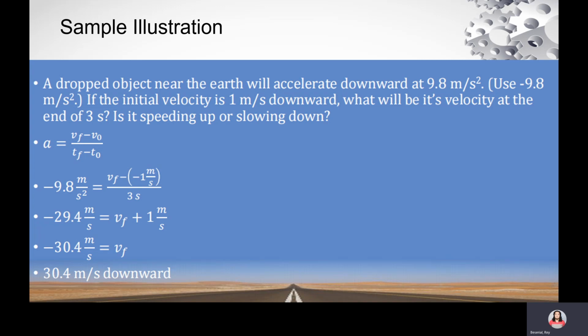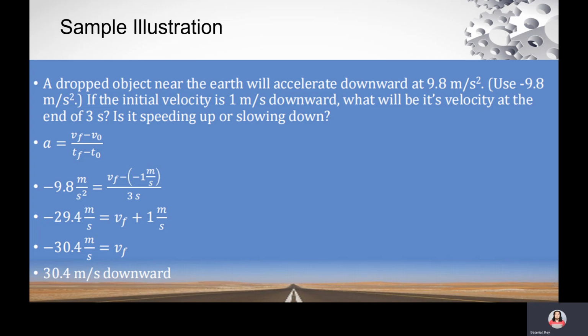So, okay, negative 9.8 meter per second squared equals to, hahanapin natin ang kanyang final velocity. Since given ang initial velocity, ang hinahanap is ang final. So, v sub f, ang ating variable, minus negative 1 meter per second. Bakit negative 1? Dahil naman, again, sa ating word na downward.